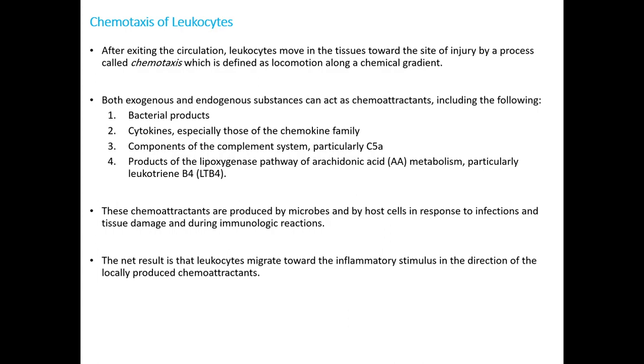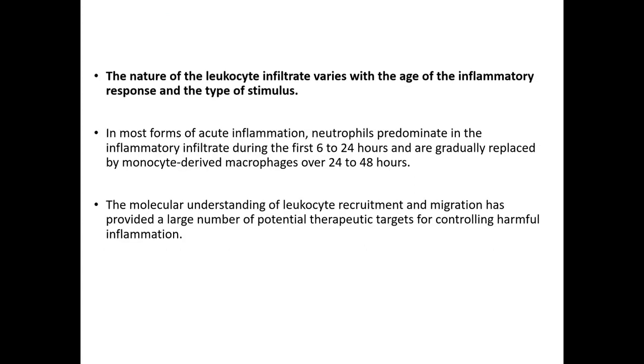and during immunological reactions. The net result is that leukocytes migrate toward the inflammatory stimulus in the direction of the locally produced chemoattractant. The nature of the leukocyte infiltrate varies with the age of the inflammatory response and the type of stimulus. In most forms of acute inflammation, neutrophils predominate in the inflammatory infiltrate during the first 24 hours and are gradually replaced by monocyte-derived macrophages over 24 to 48 hours.